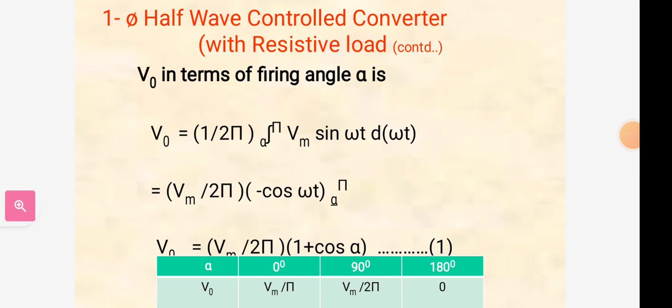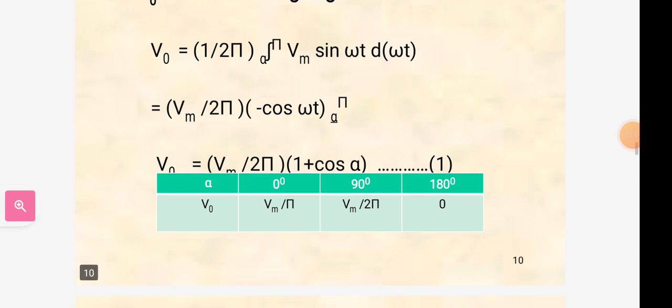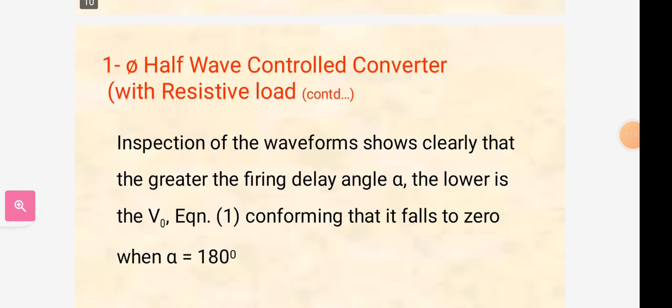Finally, V naught is equal to Vm by 2 pi into (1 plus cos alpha). When alpha is equal to 0 degrees, the output is equal to Vm by pi. When alpha is equal to 90 degrees, V naught is equal to Vm by 2 pi. When alpha is equal to 180 degrees, V naught is equal to 0. So this is the equation for the single phase half wave controlled converter.